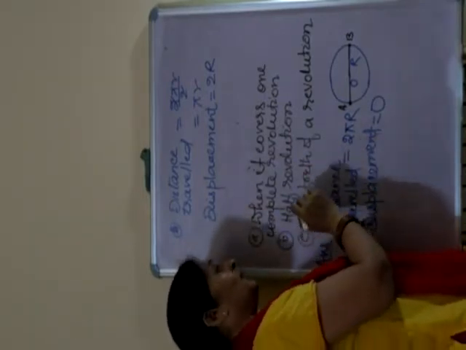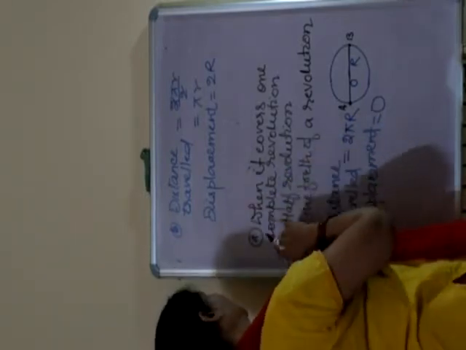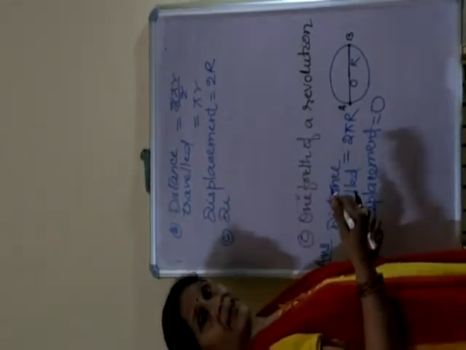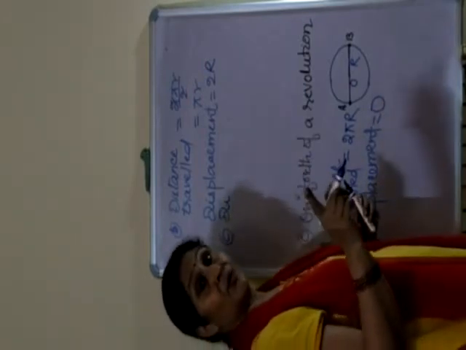1/4 of a revolution. In this case, the distance traveled will be what? 1/4 of the circumference.